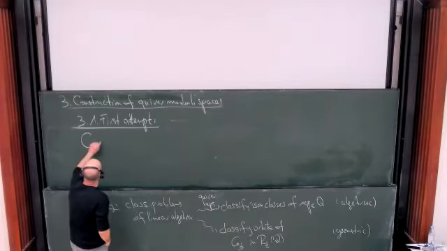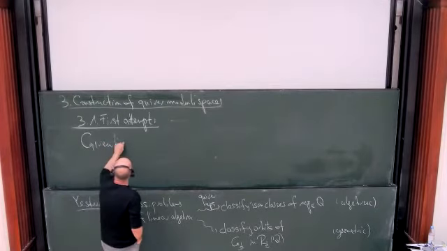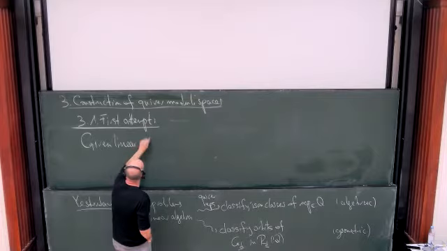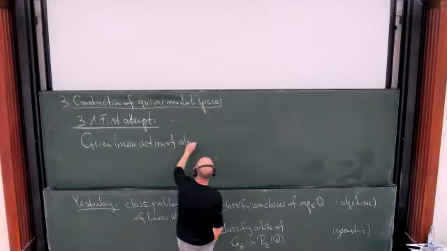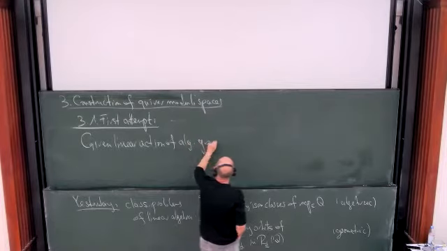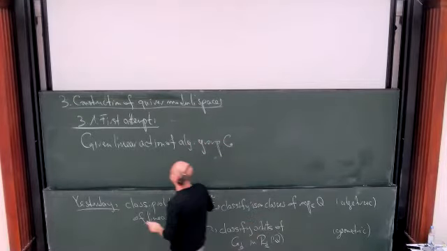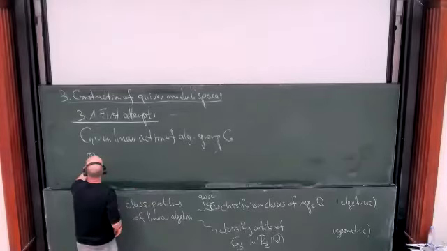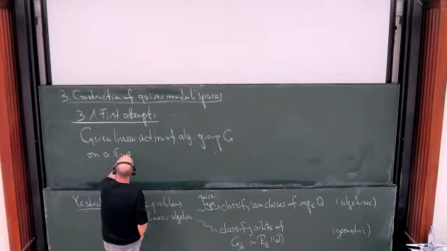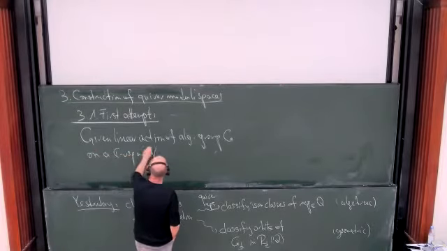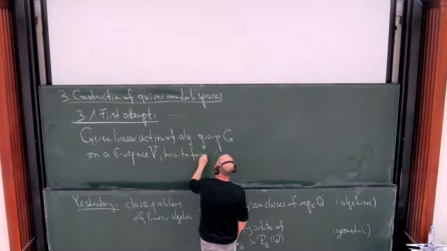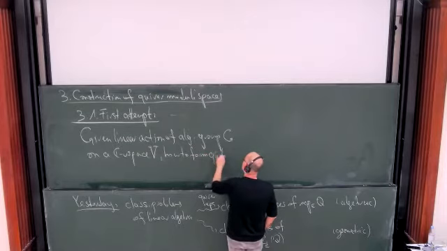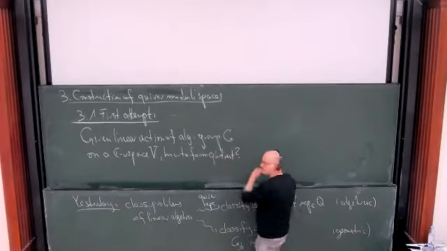Given a linear action of an algebraic group G on a complex vector space V, how to form a quotient, how to form an orbit space.